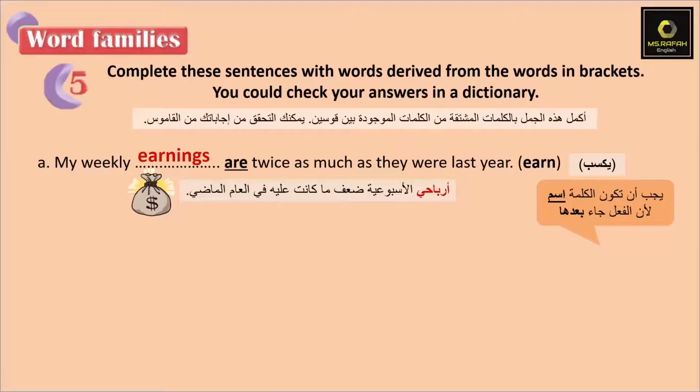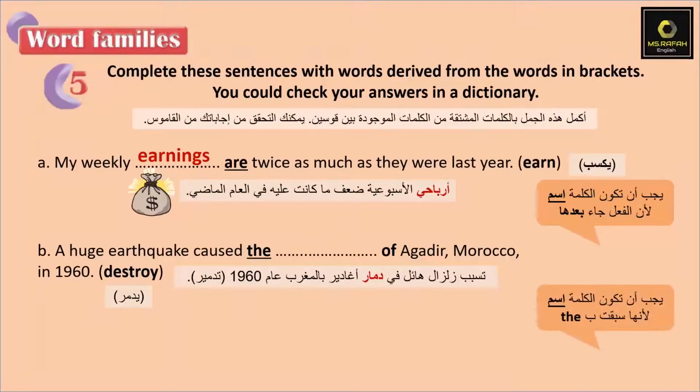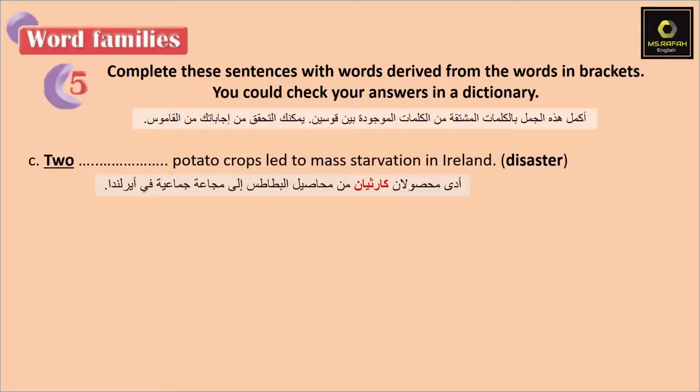Earnings. A huge earthquake caused the destruction of Agadir, Morocco in 1960. Here we're going to use the word destroy. يدمر. destroy فعل رح نحولها للاسم لأنه دايما بعد ذا بيجي اسم. شو الاسم من destroy؟ Destruction. 2.